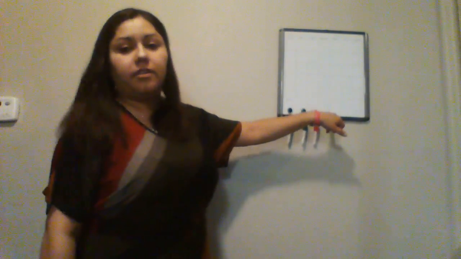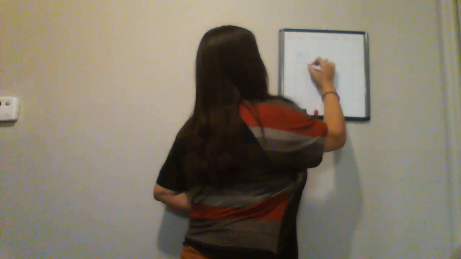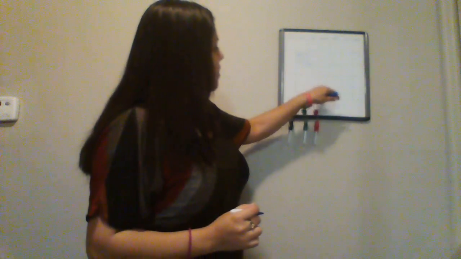If we take a look at these, we check to see 1/3. We need 1 of the 3, so we're going to shade in this 1 of the 3, and then we see the 1/2. We shade in the 1 of the 2.